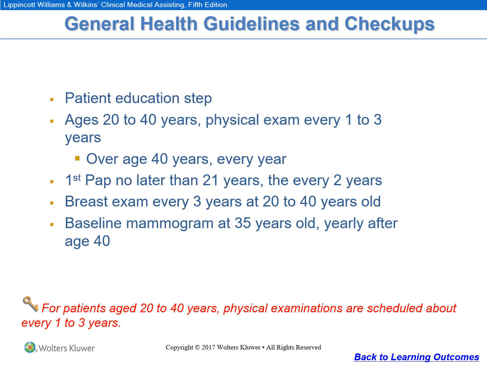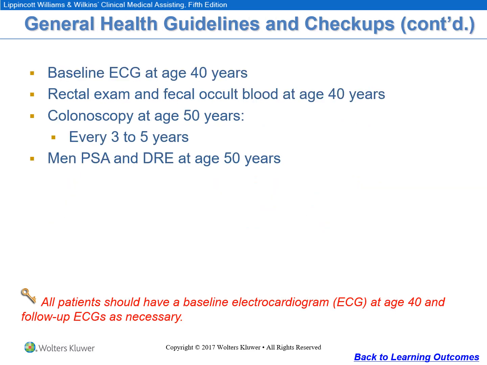A lot of times they like to start the Pap smear after somebody has become sexually active. Breast exam every 3 years. Your first mammogram is typically between 30 and 40; again, it depends on patient history. Baseline EKG should be at 40 years. ECG and EKG are the same thing, looking at the electrical activity of the heart.